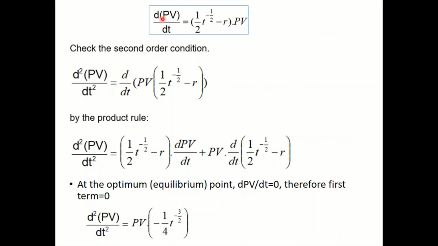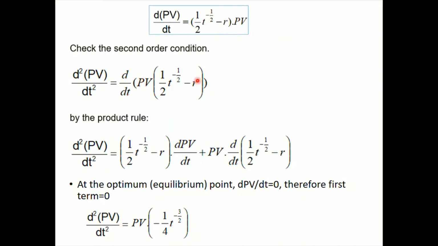So we take dPV/dt as we calculated it on the previous slide, and we work out the second order condition by differentiating again with respect to t.